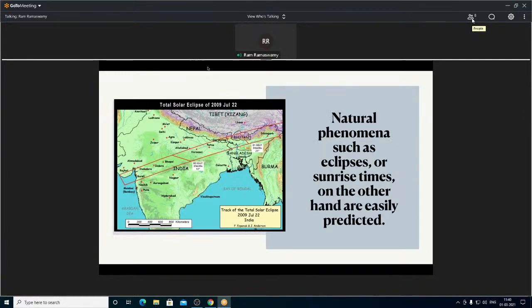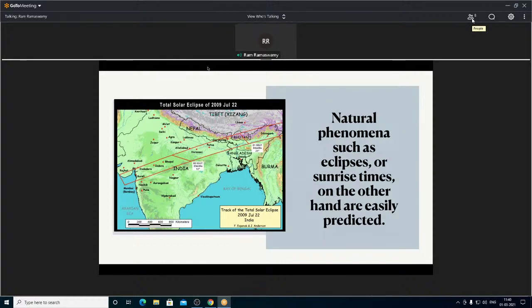And very briefly, there are natural phenomena that we describe very nicely, thanks to these lovely laws of Newton, etc. And these are phenomena such as eclipses or sunrise times and sunset times, which are very well known. You can go to the newspaper and figure out when the sun is rising or setting to within a few seconds.